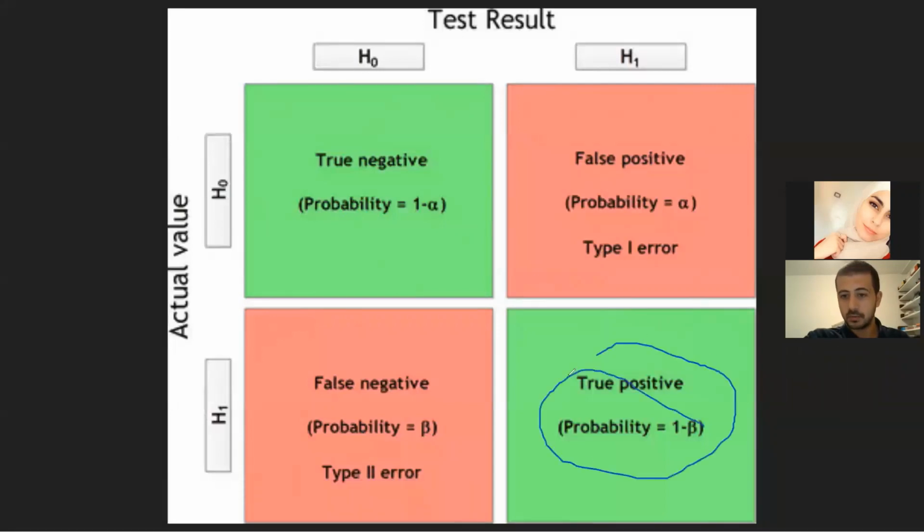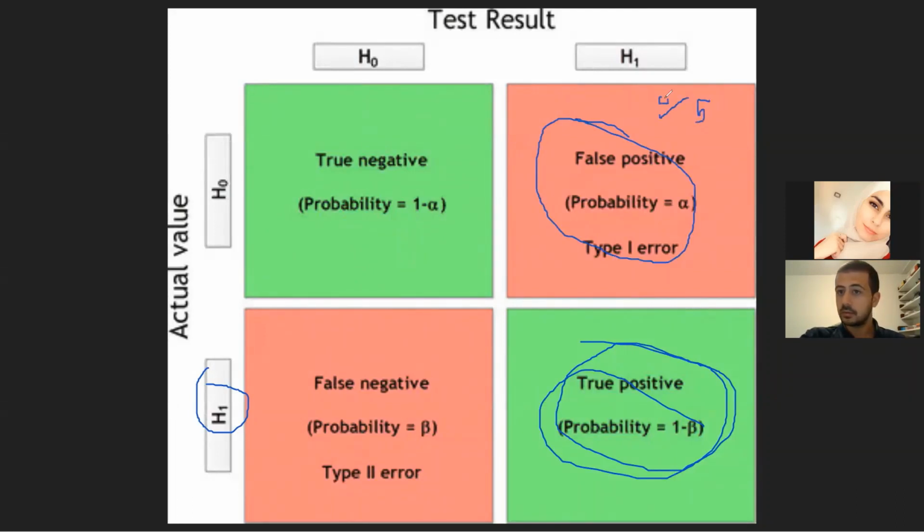I'm here, and it is right. The actual value is that the null hypothesis can be rejected. It's false. But of course I can have a false positive. If I'm at like 5%, it might be like this, but the chance is 5%.